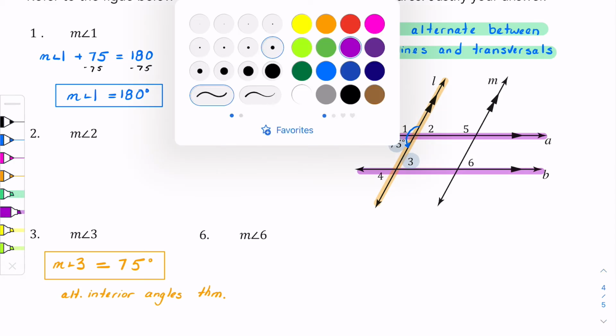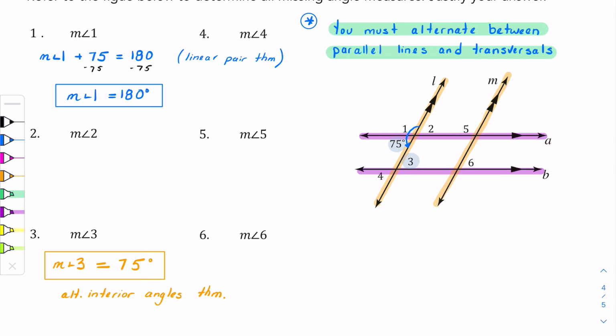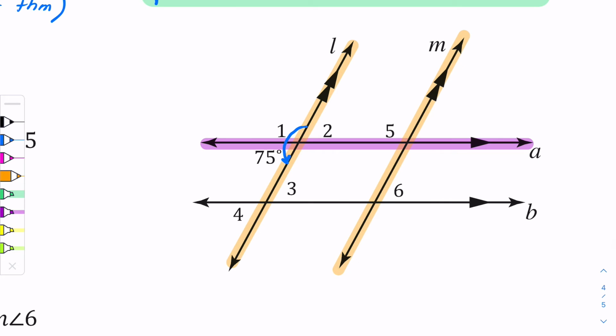I'm going to re-highlight line M in orange, and I'm going to erase line B. So now I am specifically using this portion of my diagram. For the time being, I'm going to completely forget that line B exists. So now, using line A as our transversal, intersecting at 2 locations, I know that angle 5 and angle 1, which we already solved for in number 1, are corresponding angles.